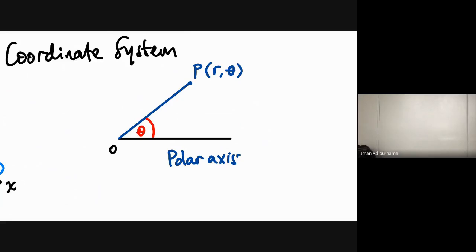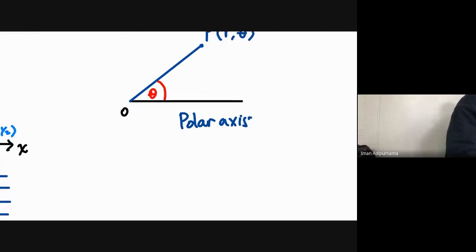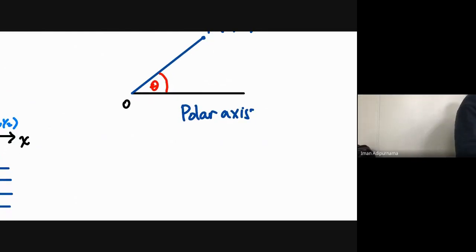So when you move, maybe pi over 3, or maybe pi over 2. So you say, maybe r is 1, and then pi over 2, meaning the point is here. And instead of rectangle, the polar will have the circle.